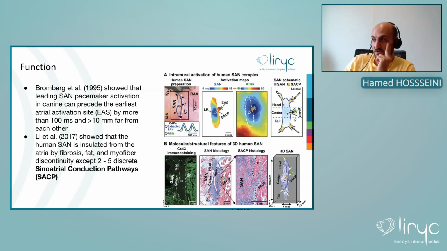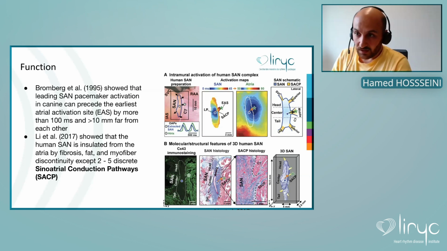They are named according to their locations, for example lateral, superior or SVC, and middle. Most of these connections go to the crista terminalis, but some papers say there may be one connection from the SA node to the septal part too.